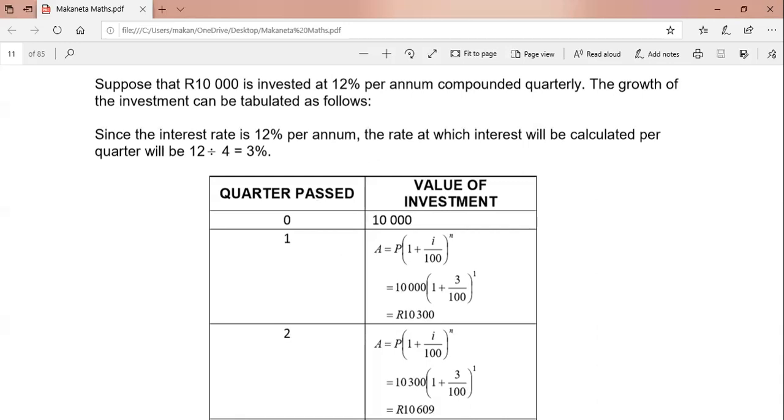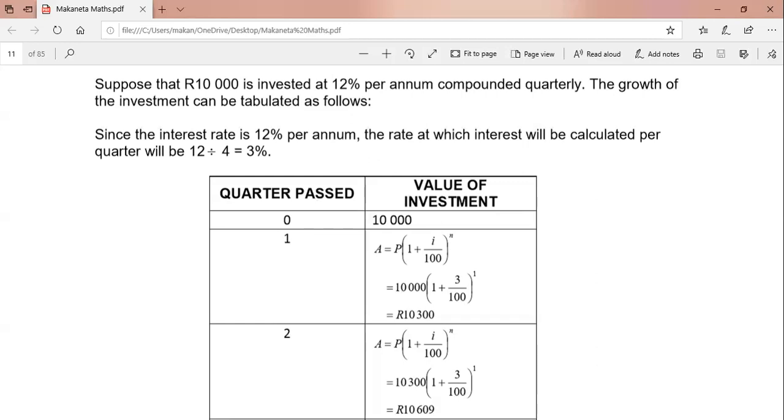So now the value of P is 10,000 rands. And of course, the interest will be 3%. Remember, we have divided 12% by 4 to get 3%. Every quarter, you get 3%. So now the number of years is just 1 year because there are 4 quarters in a year.